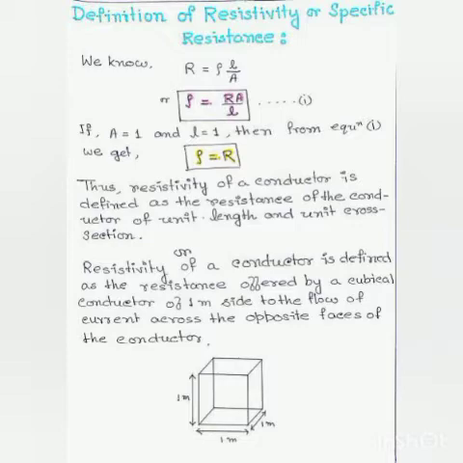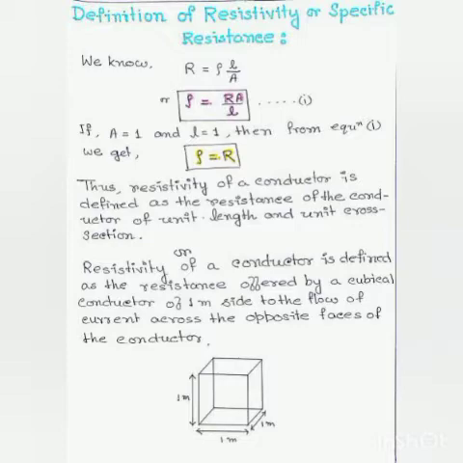Now if we consider the cross-sectional area of the conductor A equals 1 unit and also the length L equals 1 unit, then from equation 1 we will get rho equals R. That is, the amount of resistance will be equal to the resistivity of the conductor if we consider a conductor with unit length and unit cross-sectional area.